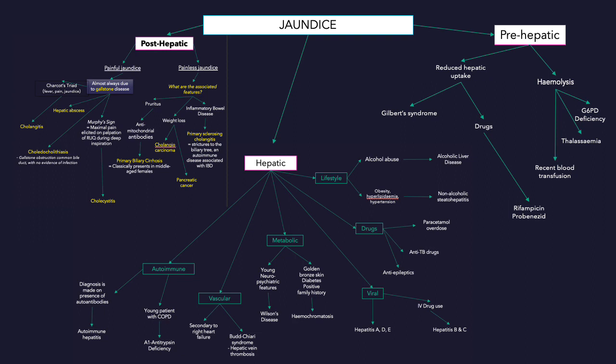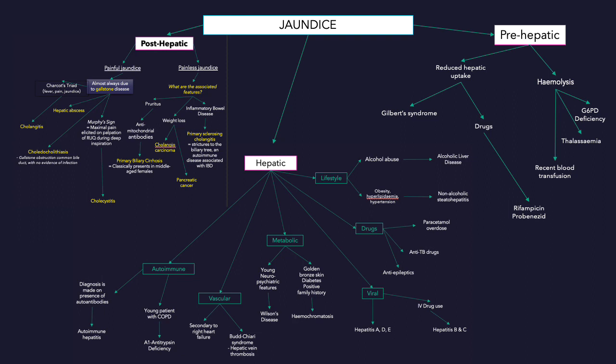Potential causes of hemolysis would include G6PD deficiency, thalassemia, and recent incompatible blood transfusions. Please note, the examples I listed are not an exhaustive list of causes for hemolysis, it's rather just a bird's eye view of hemolysis leading to presentation of jaundice.